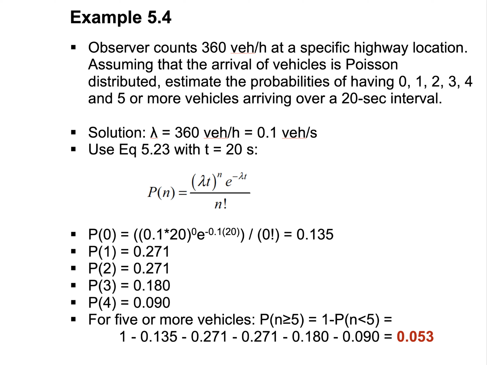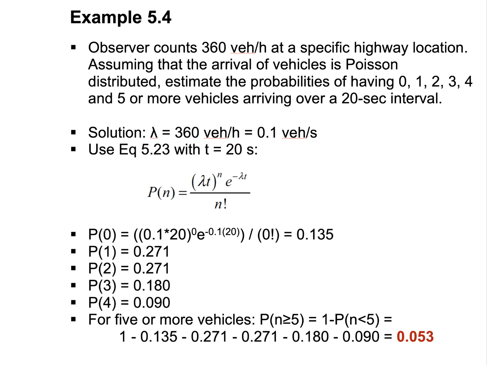Lambda is 360 vehicles per hour, or 0.1 vehicles per second. We have to convert that. And then t is 20 seconds, since that was asked in the problem statement. So we use equation 5.23, and we can find the probability of 0, 1, 2, 3, and 4 using the equation.